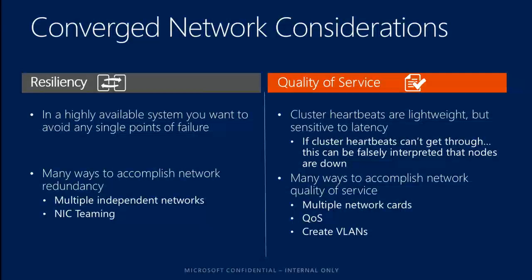So my key point here is, and I'm sure your networking guys at home will have other creative ideas on how they want to achieve quality of service, as long as you are achieving resiliency and as long as you're achieving quality of service, you're actually good. So you don't have to have 2 NICs if you have other ways that you want to accomplish it and you want to do converged networking.